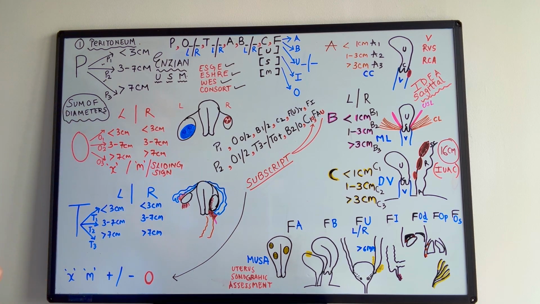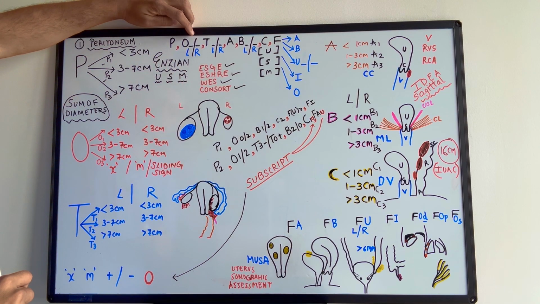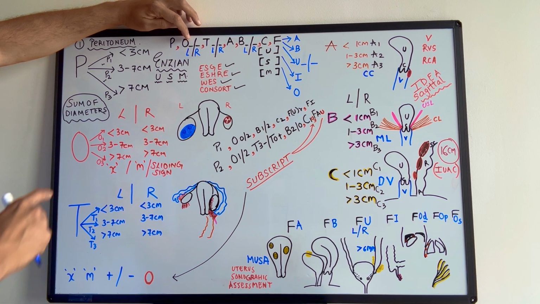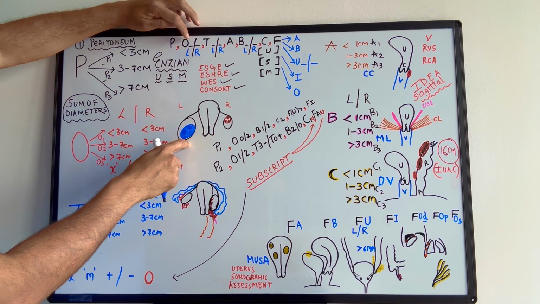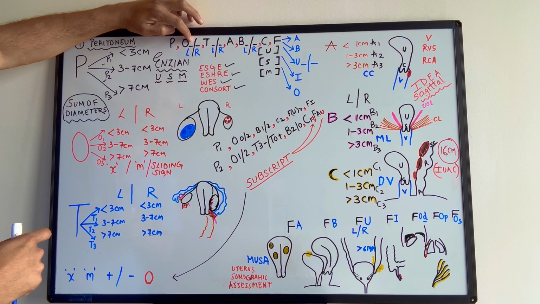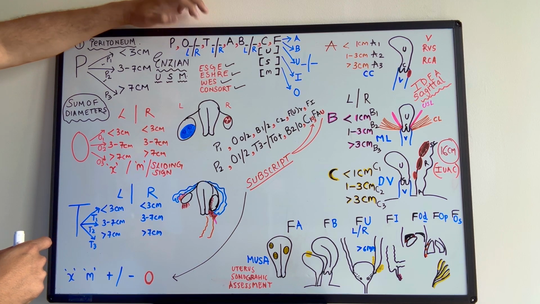The way to describe that, if you go back to the top one, O, there is a partition, L for left, R for right. If we take this example, because this is 4 centimeters, here it will be O2, O1.